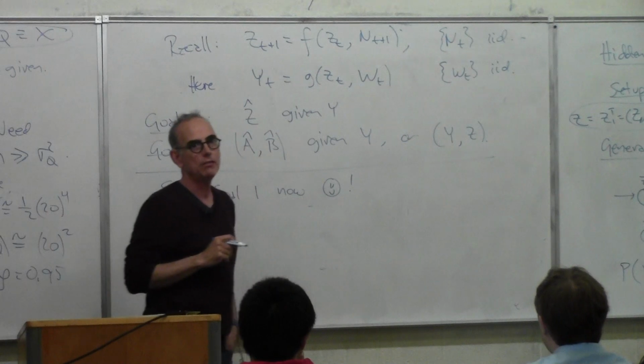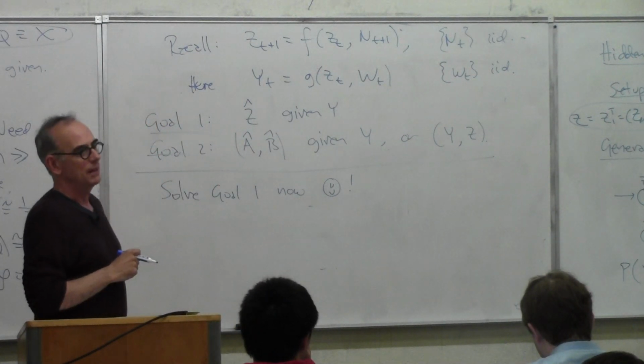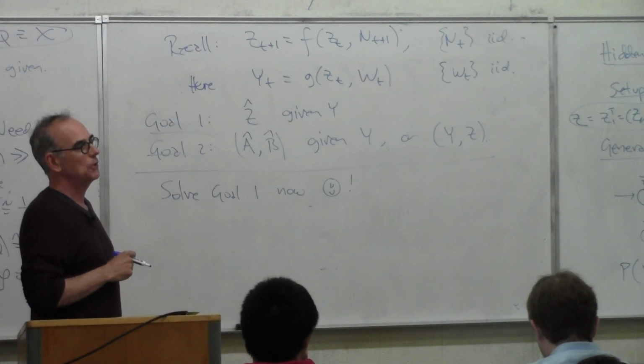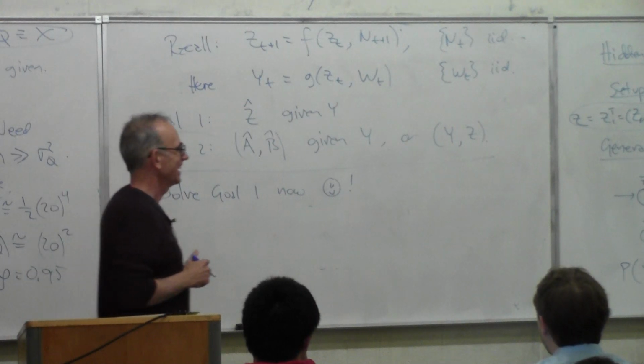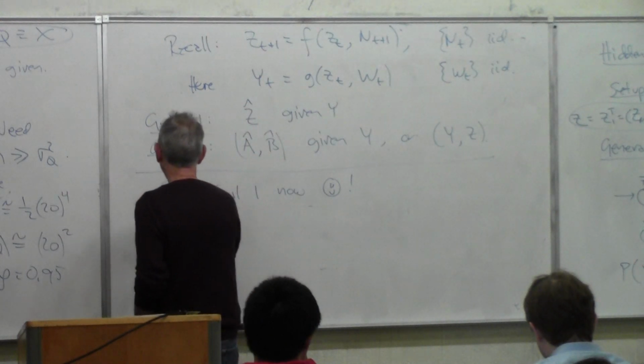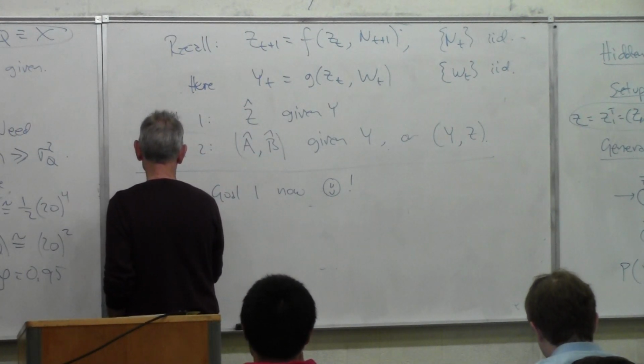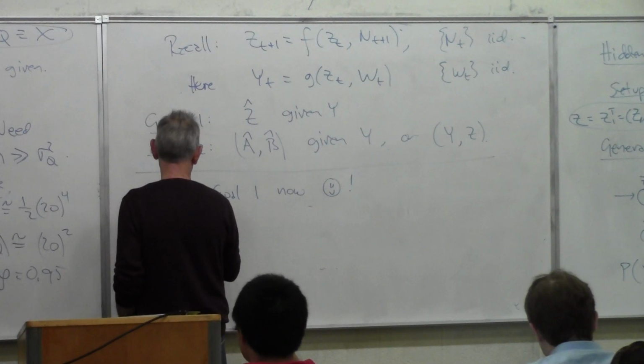It's quite easy to solve goal 1. Take a deep breath again because of notation. So there's 1a, which is a smoothing problem.